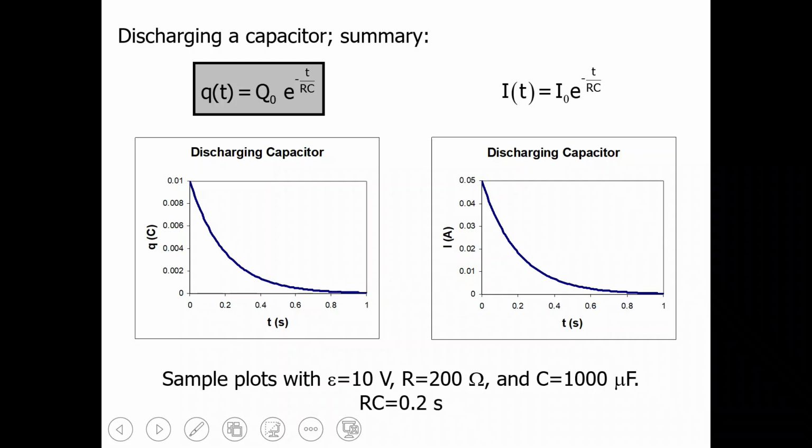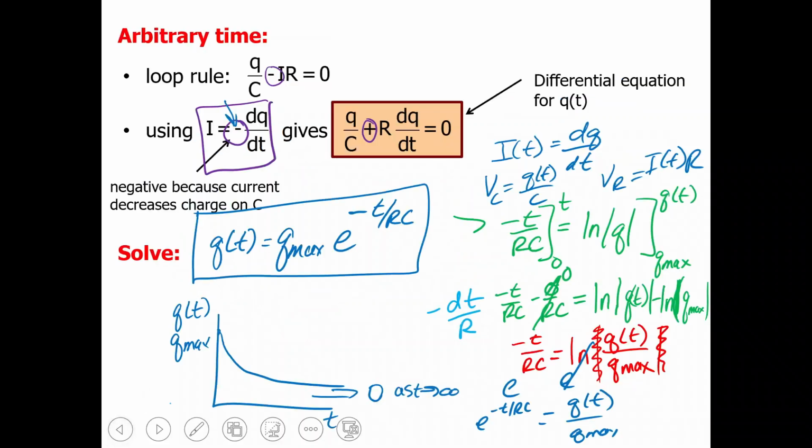So looking at the discharging capacitor, this Q0 is whatever your starting charge was, which was our q max from charging. And then you got your I of t. This I0 is going to depend on your values a little bit differently. So we could actually do that one. Let's go back and solve that.